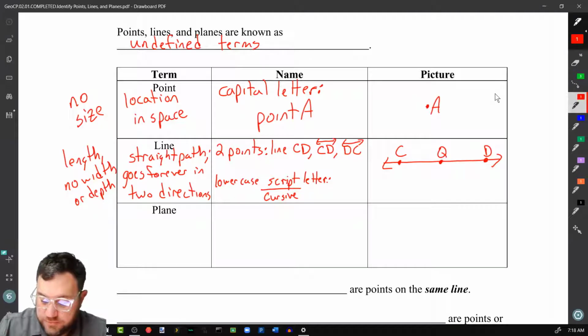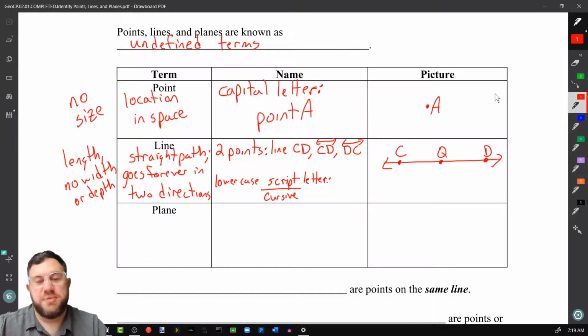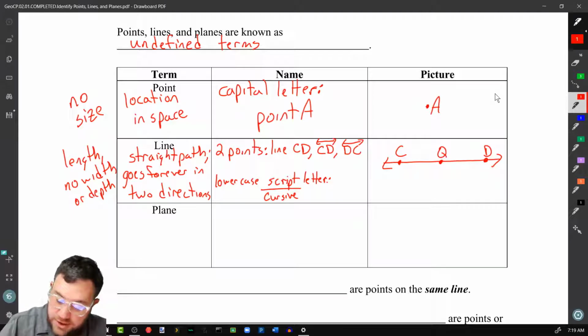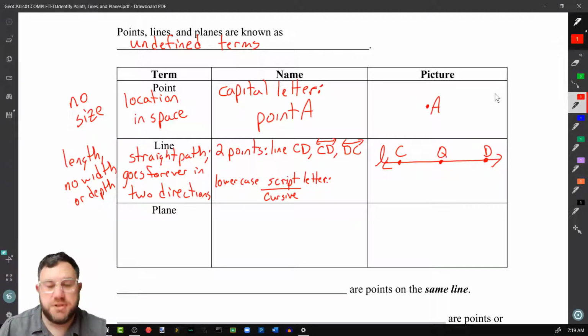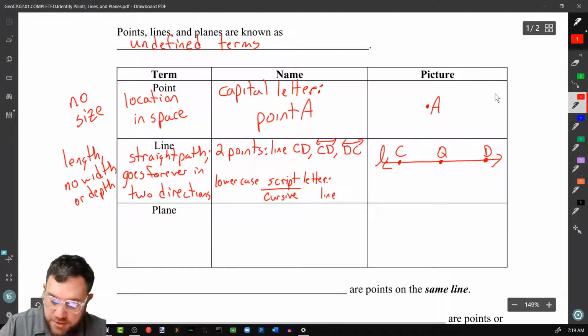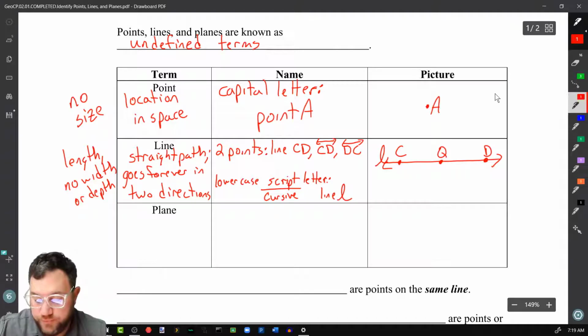You can just write it normally. When I type things, oftentimes it's just italicized when we're talking about these. And oftentimes we'll just put that cursive or script letter off to the side. So this would also be called line L.